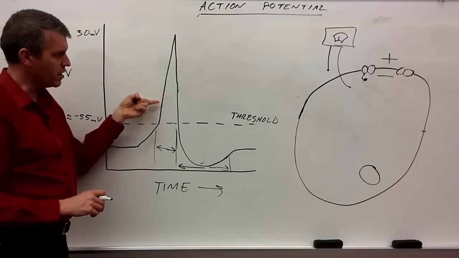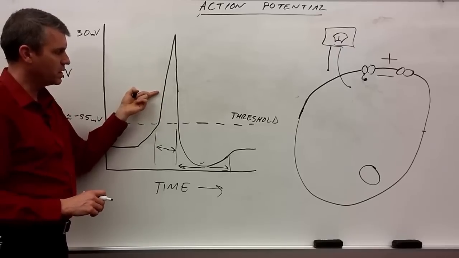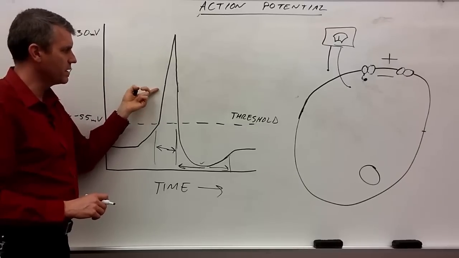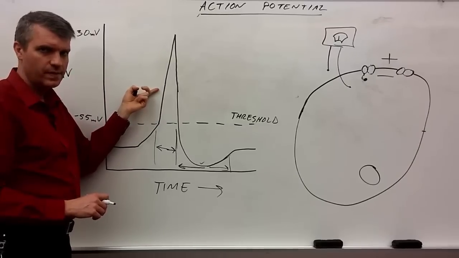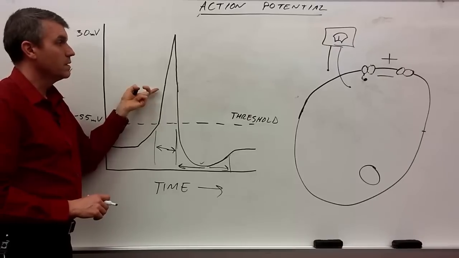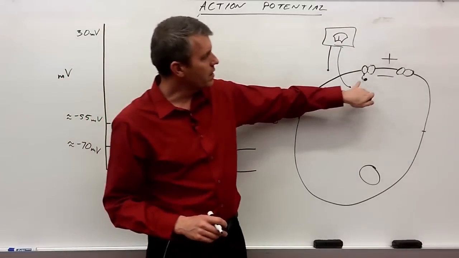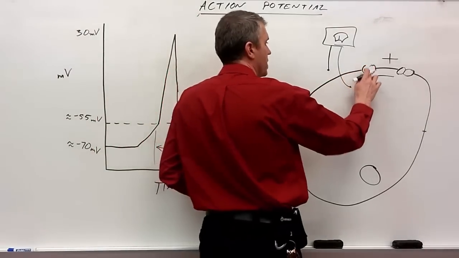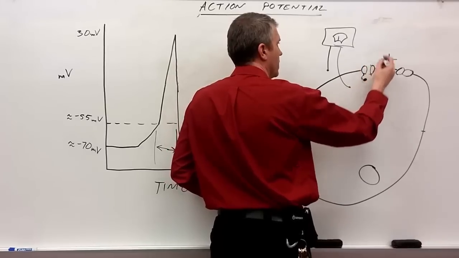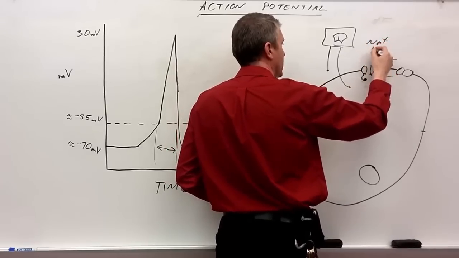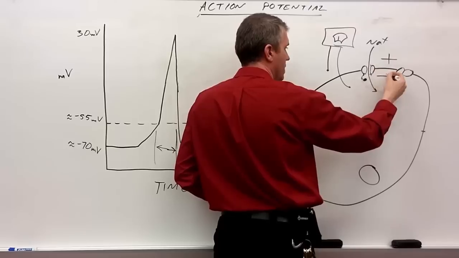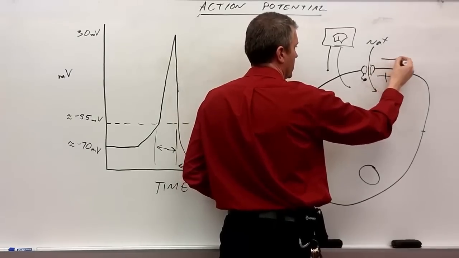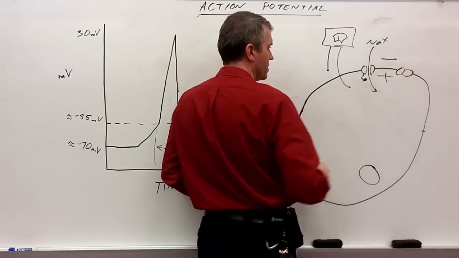Next question, staying with this part, this depolarization part of the action potential, what causes that? Why does the membrane go positive like that? And the answer to that is it is the opening of these voltage-gated sodium channels. And once these voltage-gated sodium channels are opened, they let sodium come in, they let positive charge come in and cause the inside to become positive. And if enough positive charges come in, of course, then we end up negative on the outside, positive on the inside.